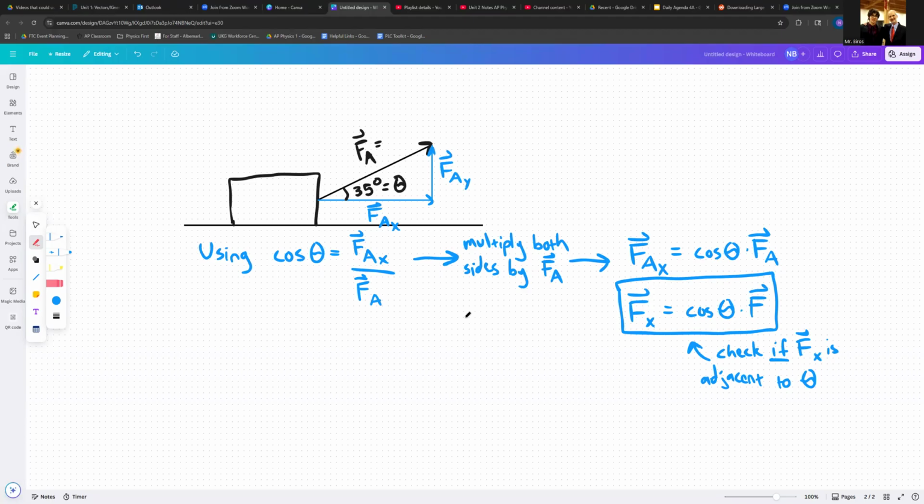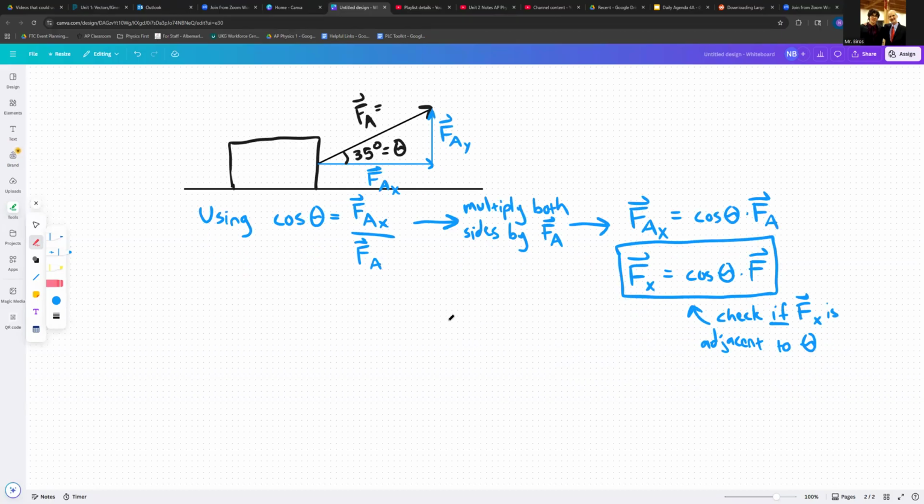There might be a scenario in a couple of problems based on how they set up your angle where this might not be the case. This is like our default. We typically tend to do this. And in almost every case that we encounter, this will be true. But you just want to check and make sure if I'm using cosine, I better make sure that this component, FX, is in fact adjacent to the angle theta. If it were opposite, we'd have to use sine.